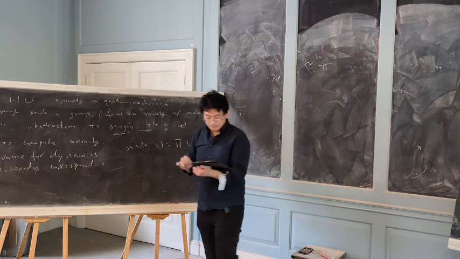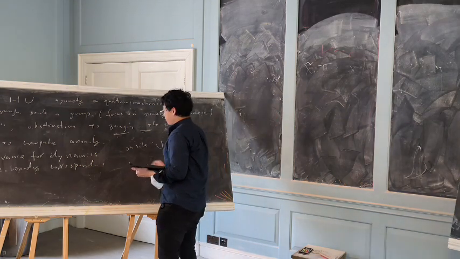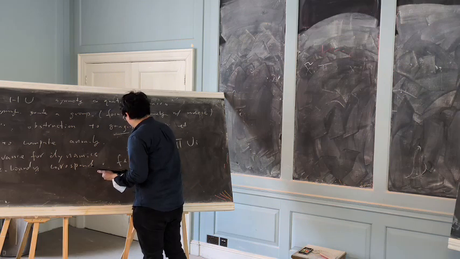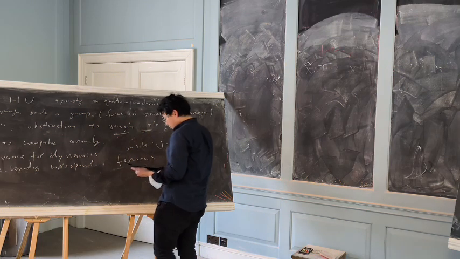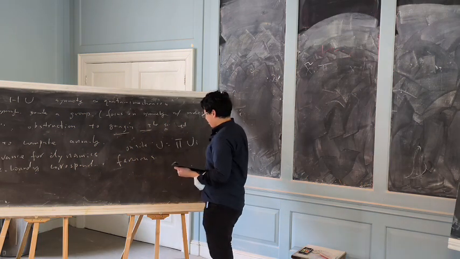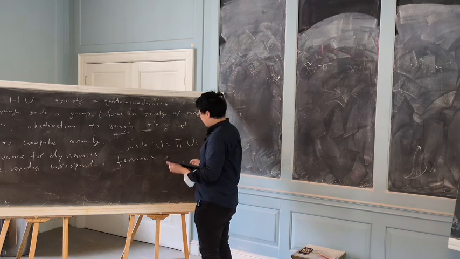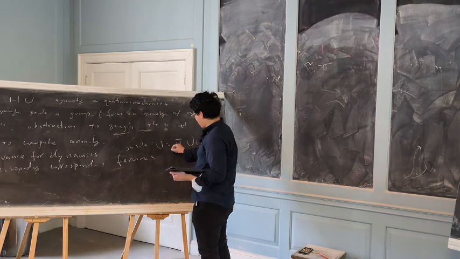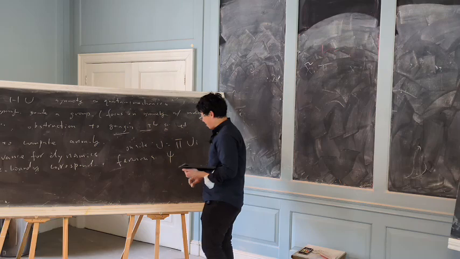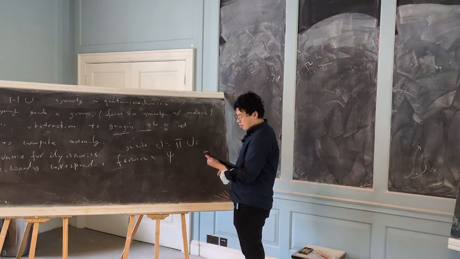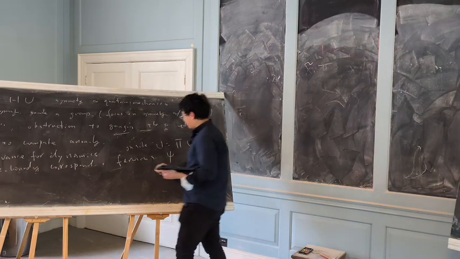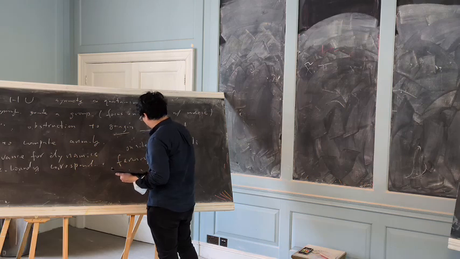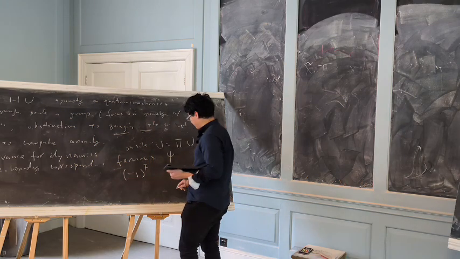Okay, so now let me move on to discuss fermions. If I have fermions, the fermion has a natural symmetry, the fermion parity symmetry.